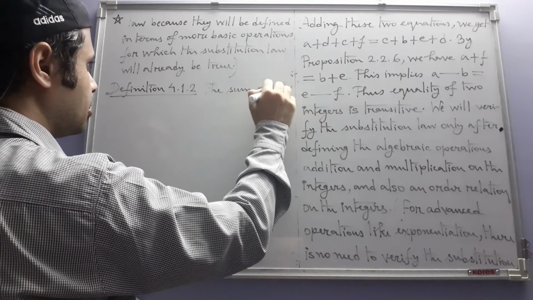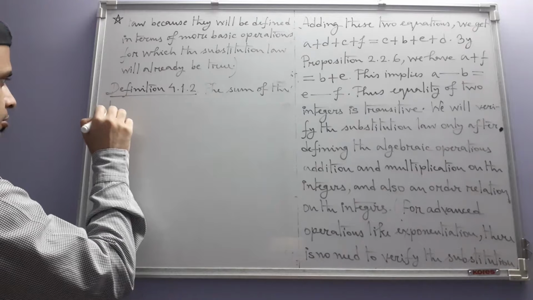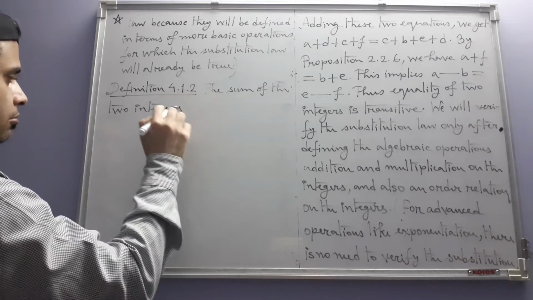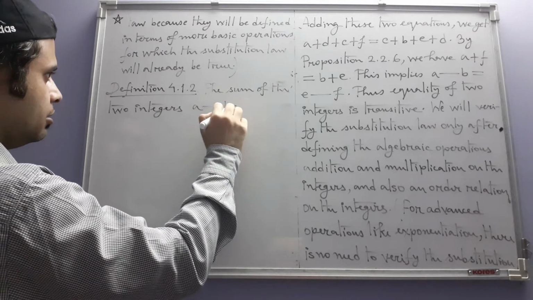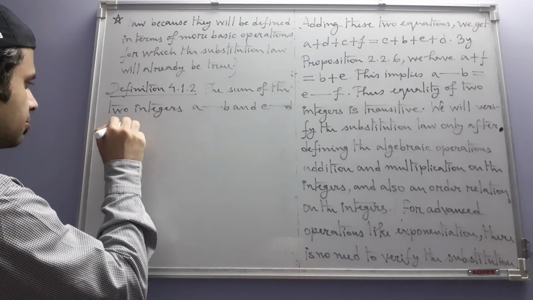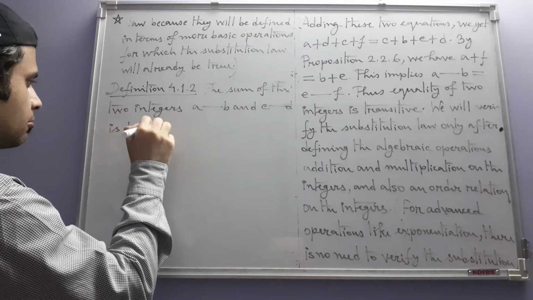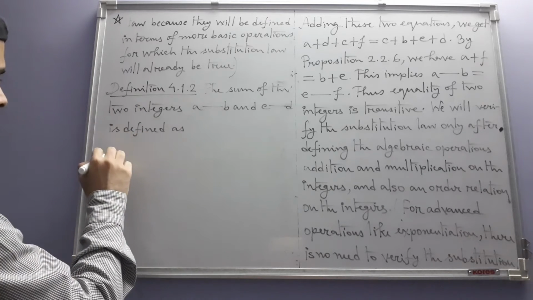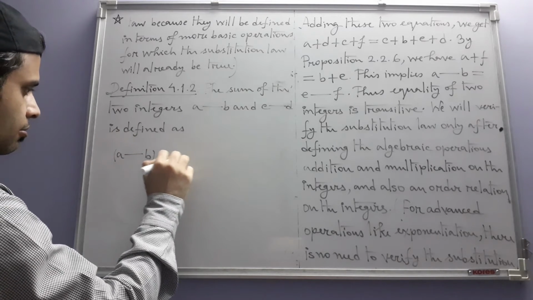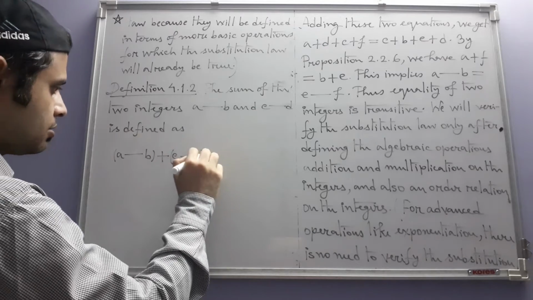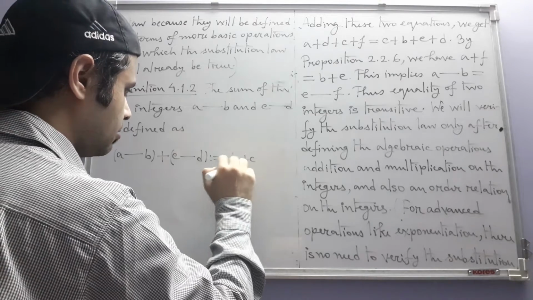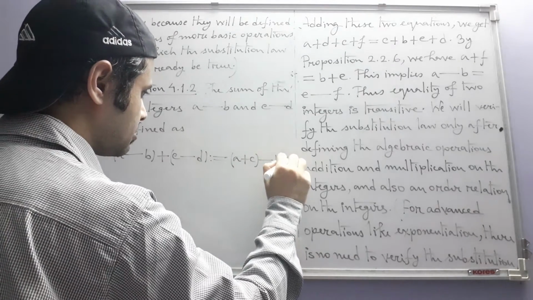The sum of the two integers a dash b and c dash d is defined as this: a dash b plus c dash d is defined to be equal to a plus c dash b plus d.